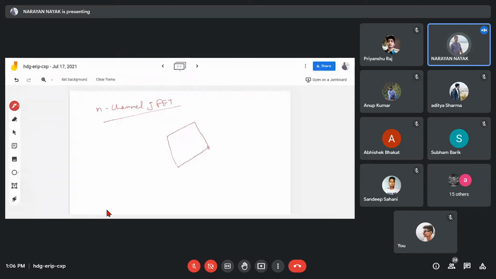The structure is like this. We call this your gate.